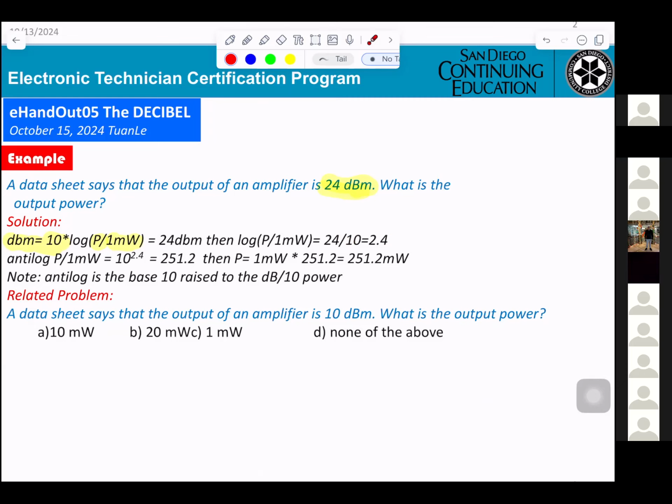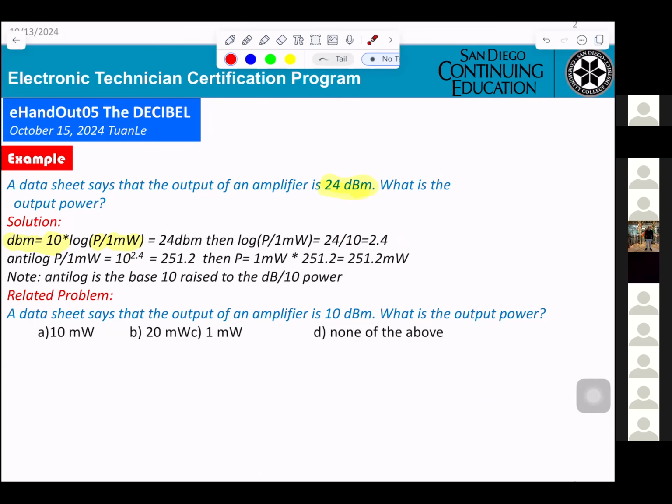Now, remove the log, anti-log. You get P over 1 milliwatt equals 10 to the power 2.4, and that equals 251.2.